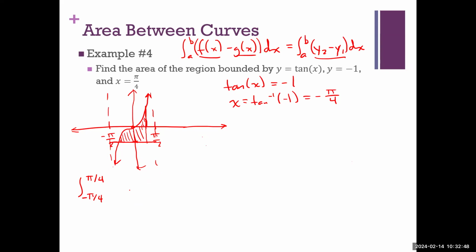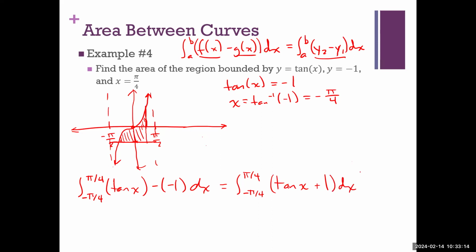What is the greater curve in this case? Tangent of x, and what's the lesser? Minus negative 1, dx. So simplifying, I get tangent of x plus 1. Is the integral of tangent something we know?